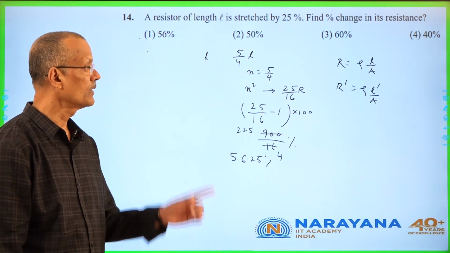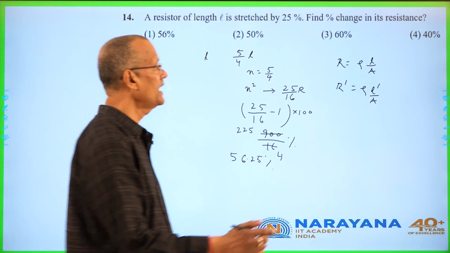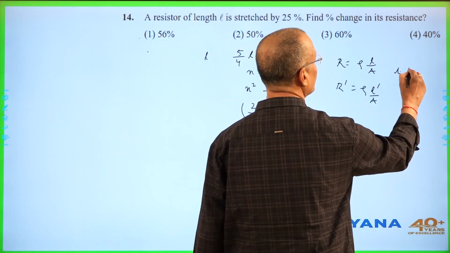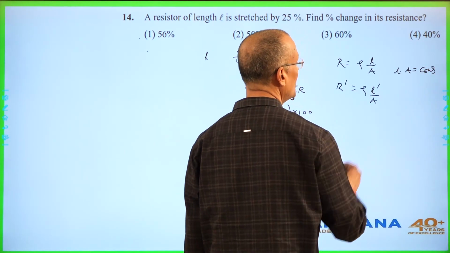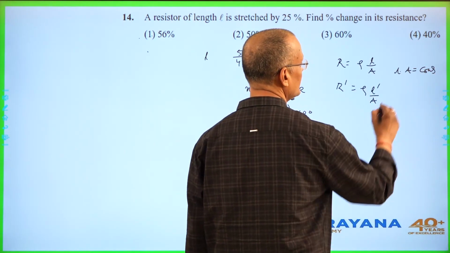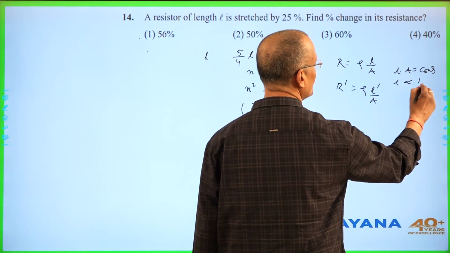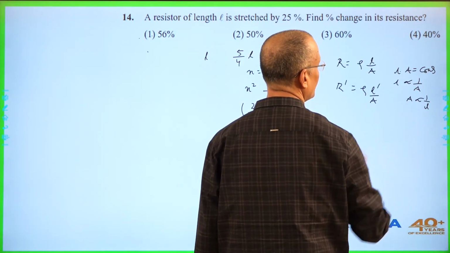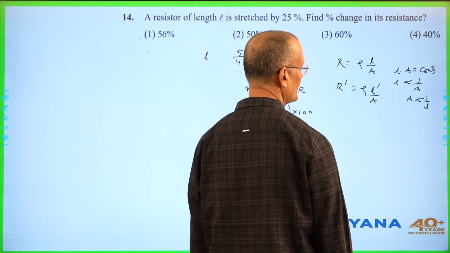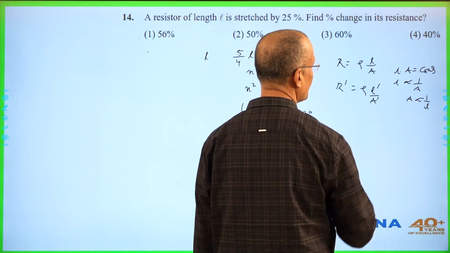But one thing is there: your L into A is constant. When length you are increasing, L is proportional to 1 by A, or A is proportional to 1 by L. Clear to you? So this one will be L dash.